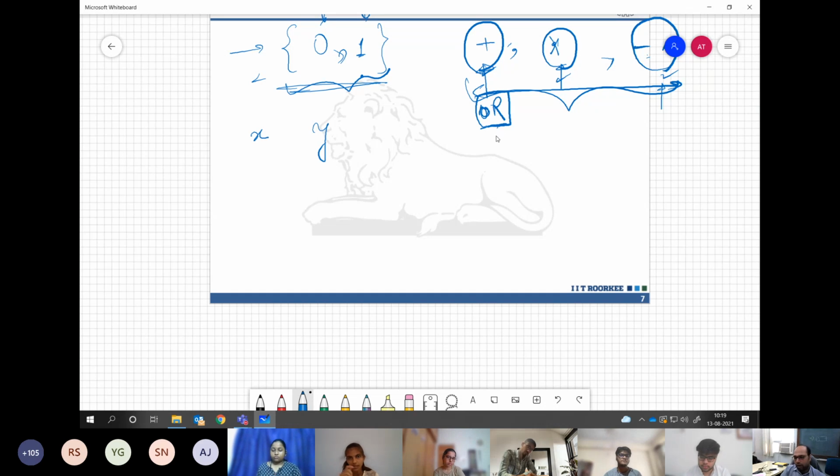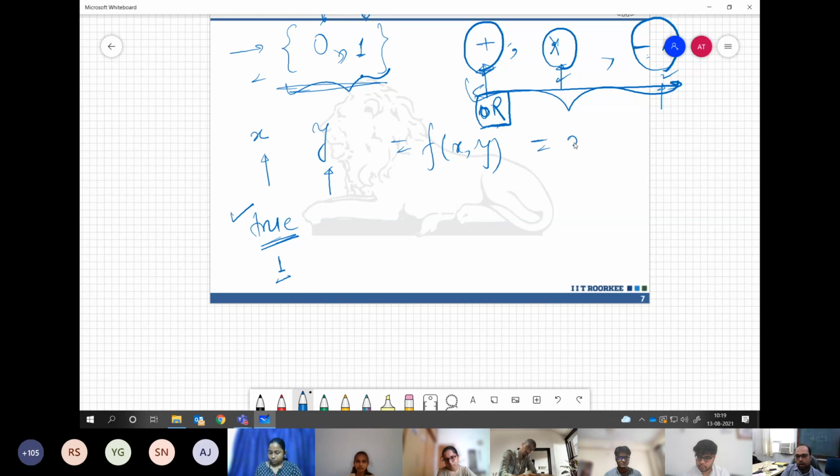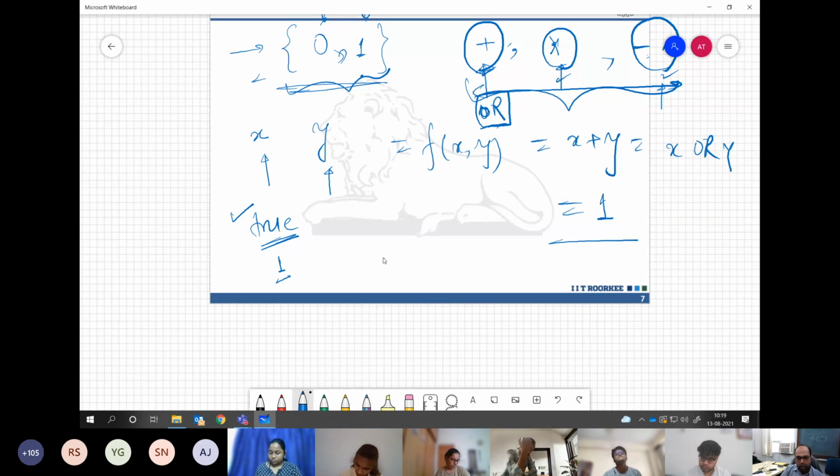So when we are saying OR, it means if either of the variables is true, which means either of the variables is 1, the output of this OR is going to be true. Even if both are true, let's say 1 plus 1, or you can write 1 OR 1, this is going to be true.